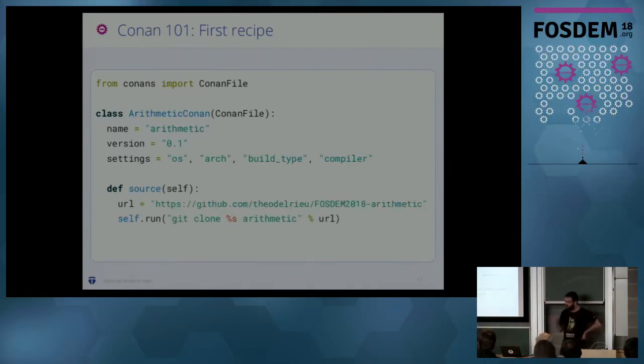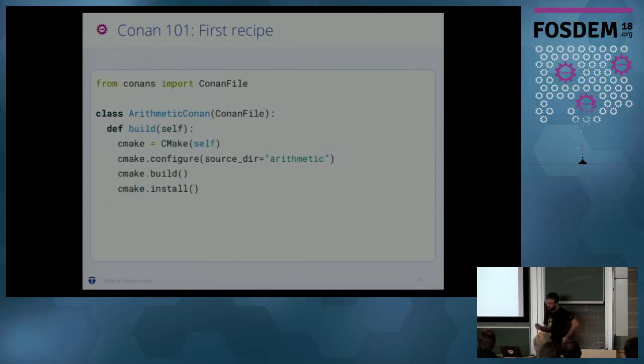Now we need to retrieve sources, so I will fetch the source from my GitHub account and simply run git clone. And then I will use the CMake helper in the build method to configure, build, and install my project. I will only use CMake during this presentation. Conan provides a lot of helpers.